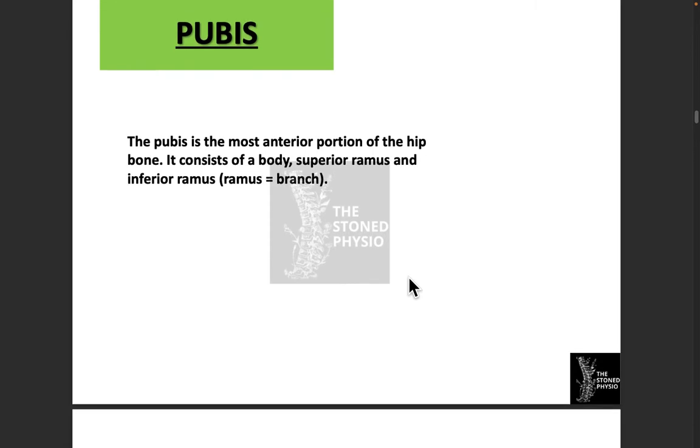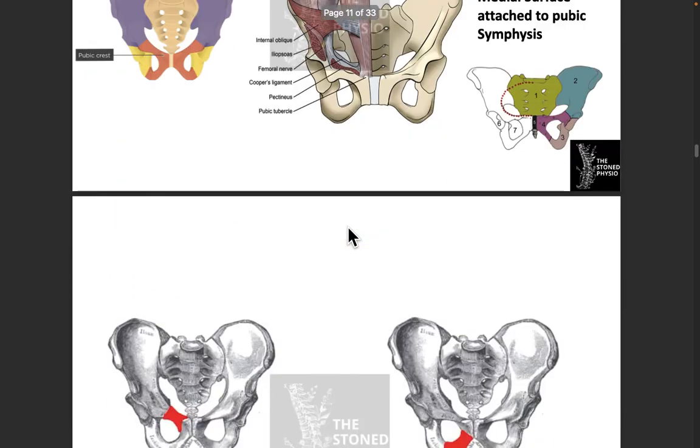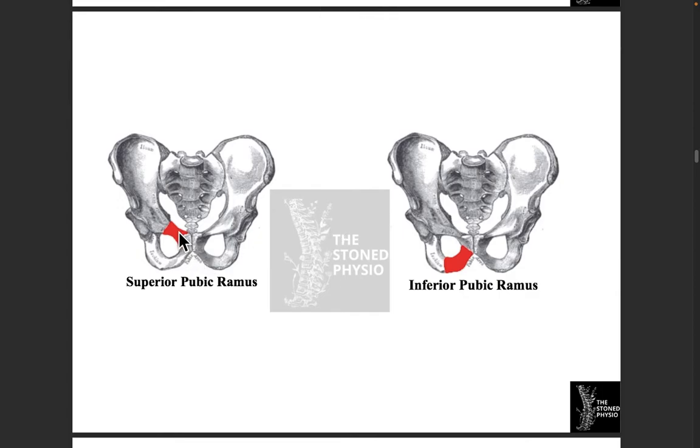Okay, if we have a look at the pubis, the pubis and ischium have comparatively simple body structure. मतलब simple structure है pubis and ischium का, and we can say that the structure of the pubis and the ischium are more or less same. तो we can see here. तो यहाँ पे हम देख सकते हैं, if we talk about the pubis, तो pubis हमारा ये, first of all it is present on the ventral aspect of the pelvis, है ना, pelvis के ventral aspect पे है.